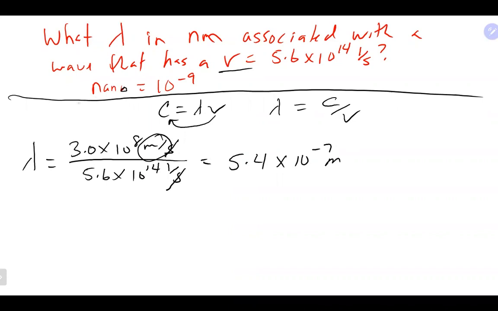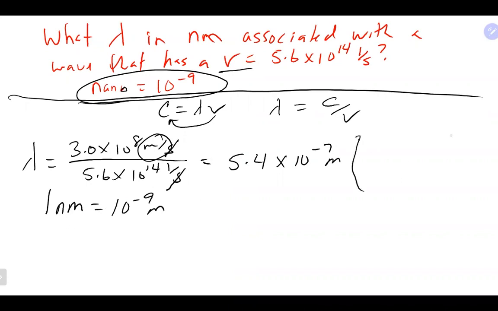Once again, we wanted nanometers here, so we'll take our conversion, which is 1 nanometer is 10 to the minus 9 meters. Again, not the other way around. Doing a little dimensional analysis, we'll put 1 nanometer on top and 10 to the minus 9 meters on the bottom, so that the meters cancel.